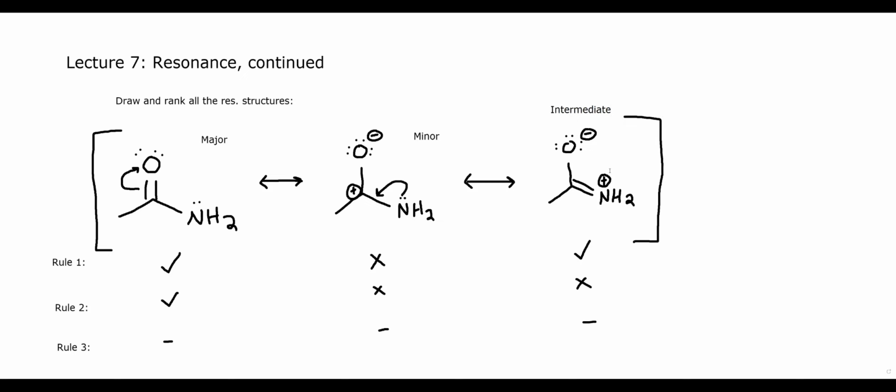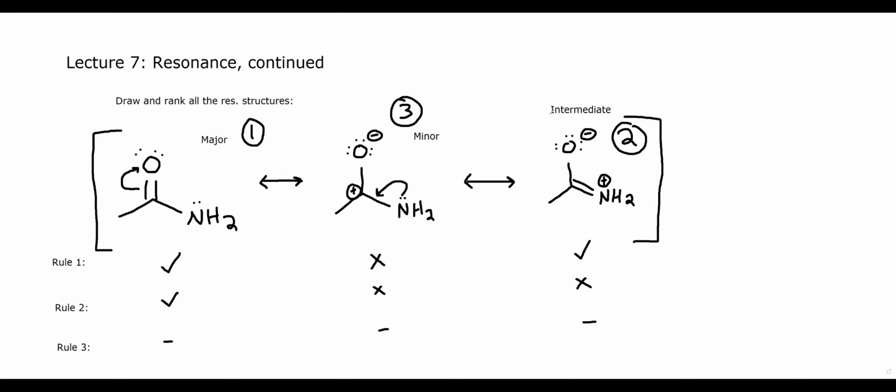You could also see the one on the right called the minor contributor and the one in the center called an insignificant contributor. Either way, if you're ranking them, this one on the left would be the best, number 1. The one on the right would be number 2. And the one in the middle would be number 3, the smallest contributor.